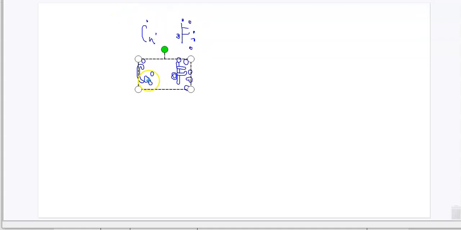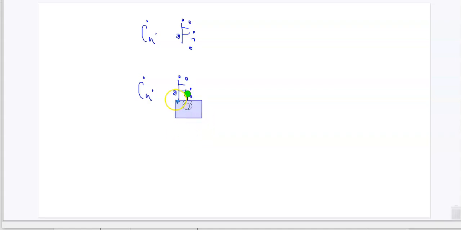Our during bonding, I think I missed one for fluorine. I did. Fluorine needs to get an extra electron there. I'm actually going to need a whole other second fluorine anyway, because calcium has to give away 2 electrons. Remember, this is ionic. And so we need a second fluorine because fluorine can only take 1.